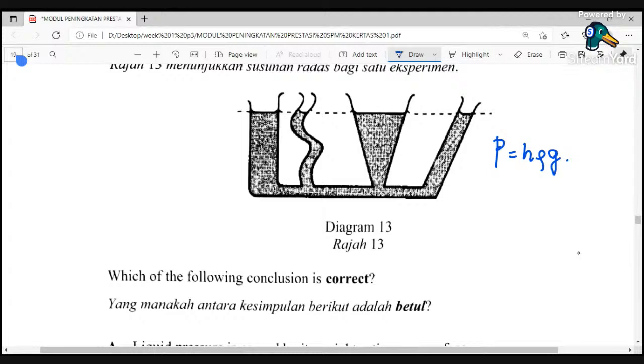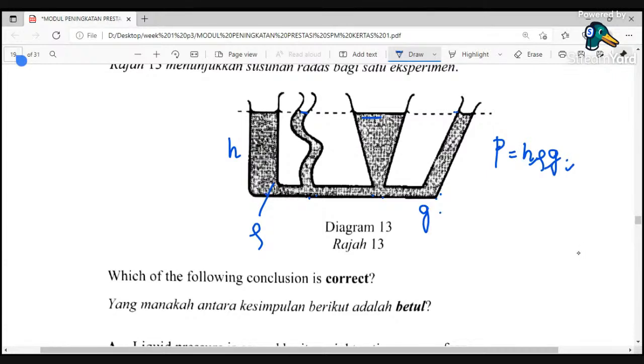From here you can see the depth of water are same for all container. Okay, the pressure at one point at the base part, let's say same height or same level. So the pressure here depends on these three factors: depth, density, and G. So now they have same depth, they use the same liquid, and all have same G. Means they have same pressure.